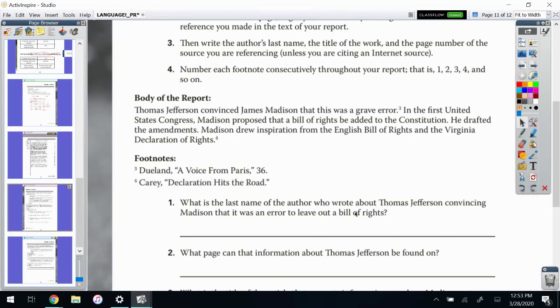Okay, what is the last name of the author who wrote about Thomas Jefferson convincing Madison that it was an error to leave out a Bill of Rights? Okay, so to answer this, we're going to go back up to the sentence about the error. Thomas Jefferson convinced James Madison that this was a grave error. The last name of the author who wrote about this is Dewland.